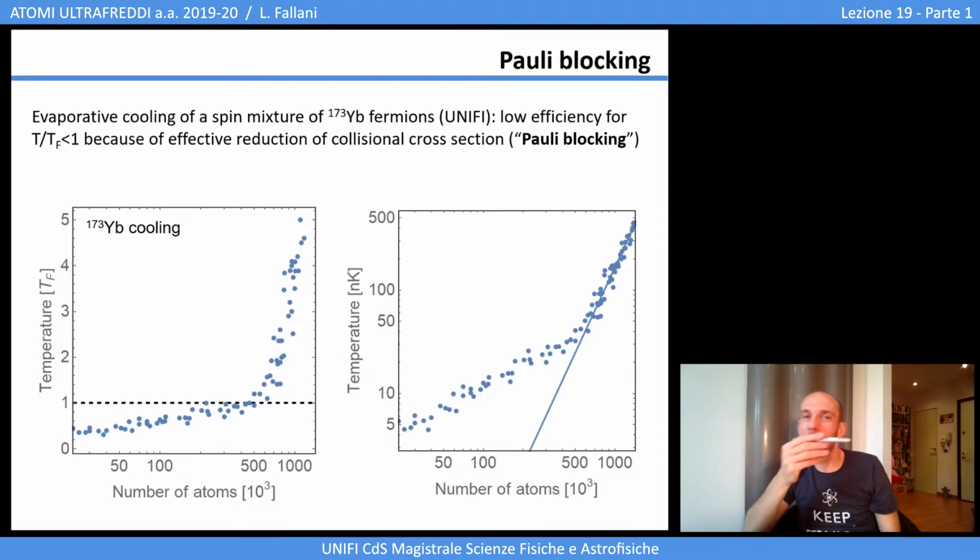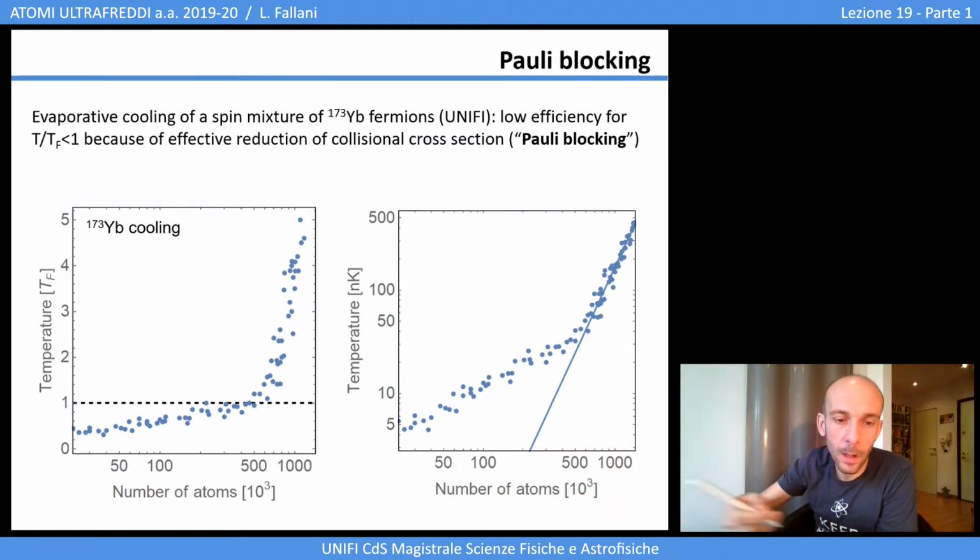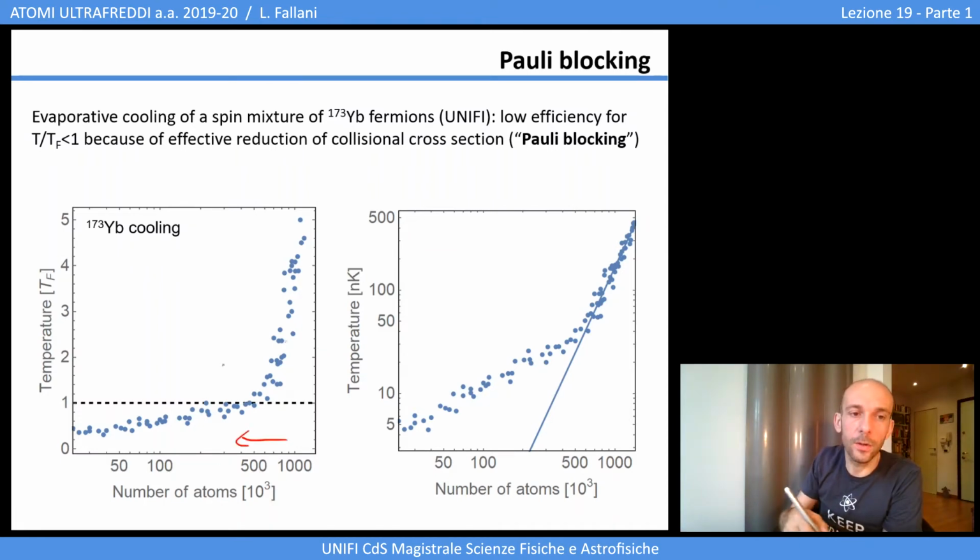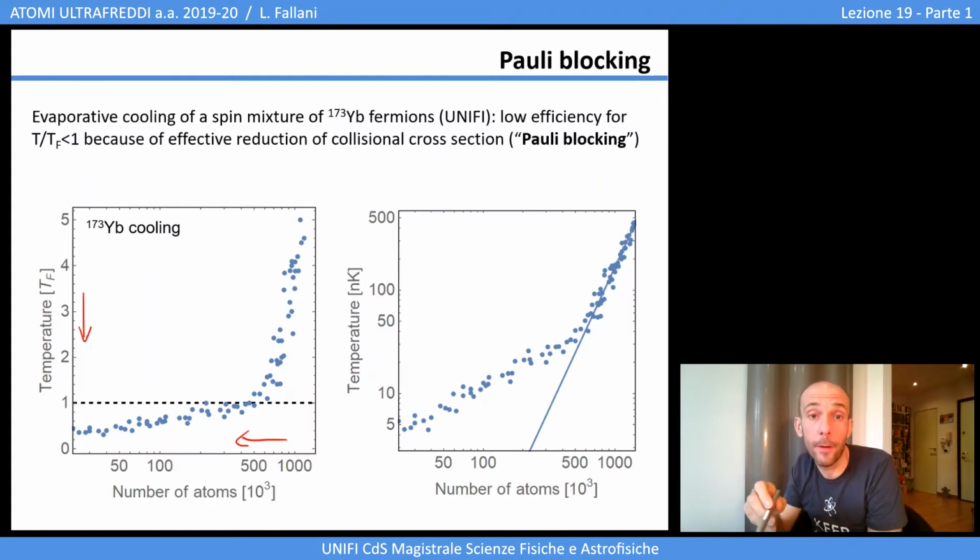Similarly to what I've shown you before, even in this case the sympathetic cooling is realized by using the same isotope but in a spin mixture. And what do you see here? Let's see first the plot on the left. As the number of atoms is decreased, the gas is cooled, and here I plot the temperature in units of the Fermi temperature.